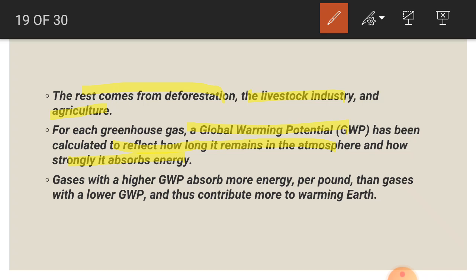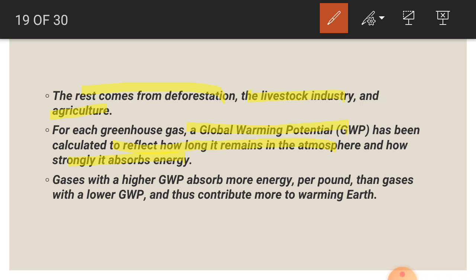We were given three options, soot, sulfur hexafluoride and water vapor. All three have different global warming potentials. It means they will differently reflect these long wavelength radiations, and they will absorb different amounts of energy.